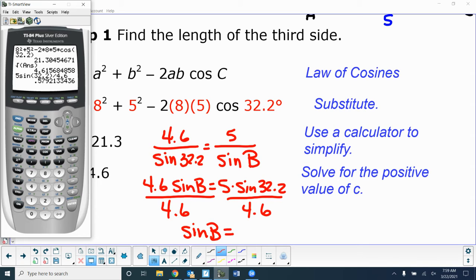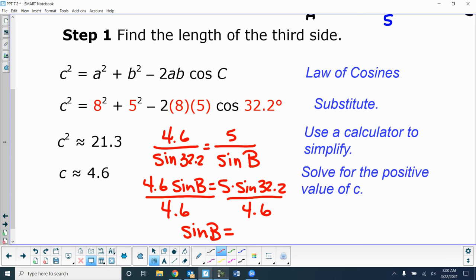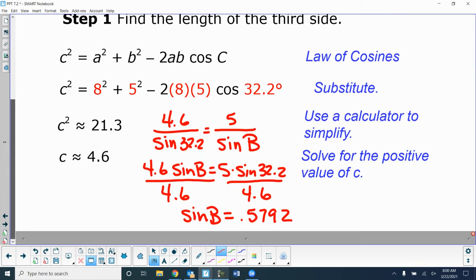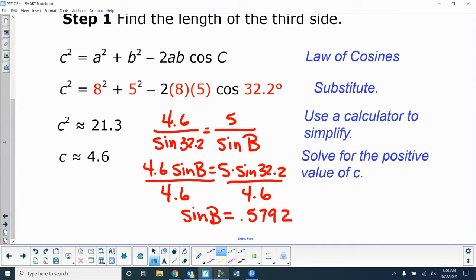Now remember, 0.5792. We're looking for the angle. That's where we got to do second sine, second answer. Okay? So some of you forgot that step on the quiz Thursday.